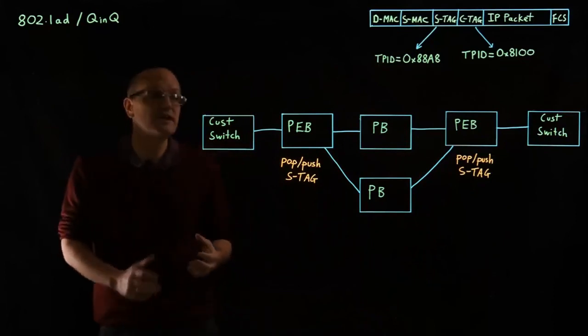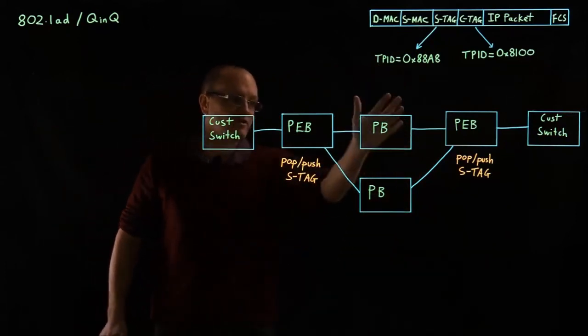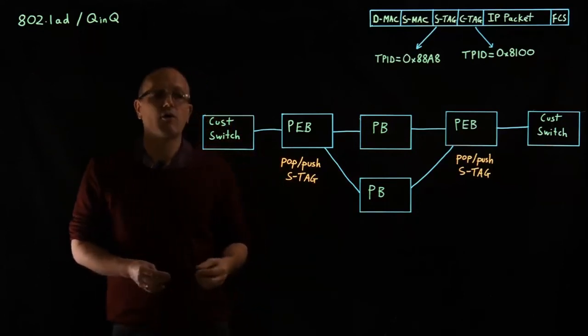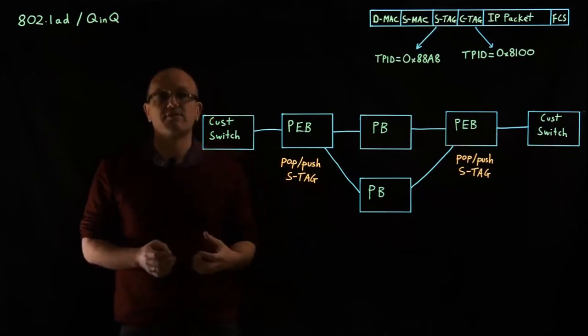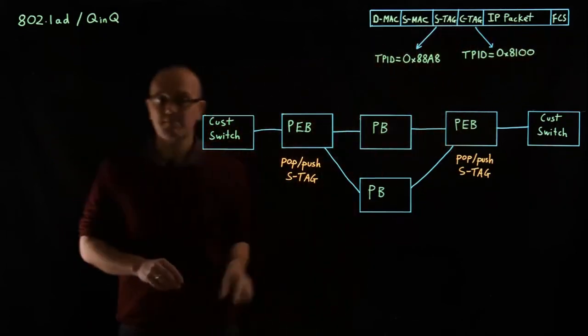And then on the intermediary portion of the provider network, we have provider bridges, and they're performing standard layer 2 switching on the S tag, the outermost tag of the frame up here.